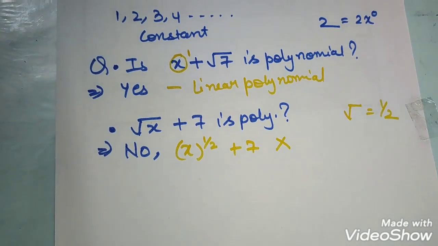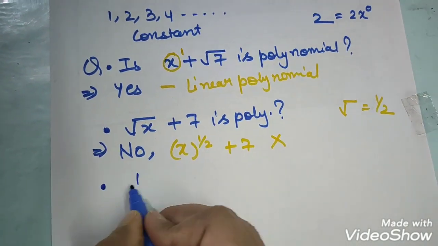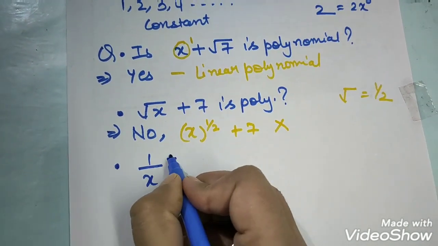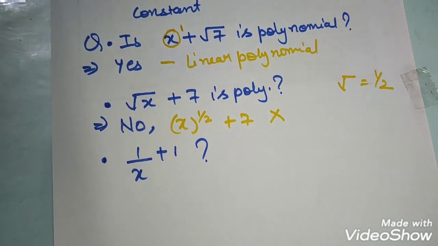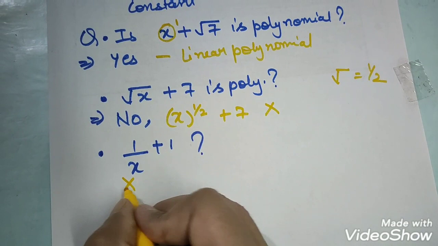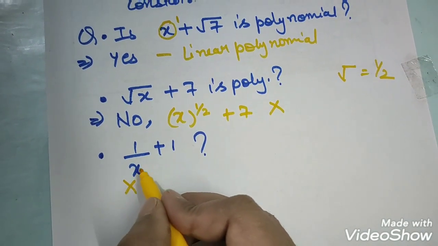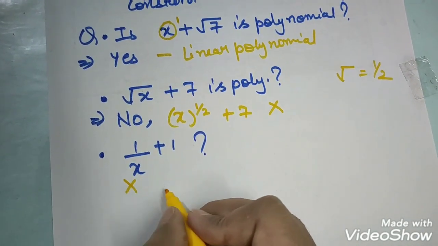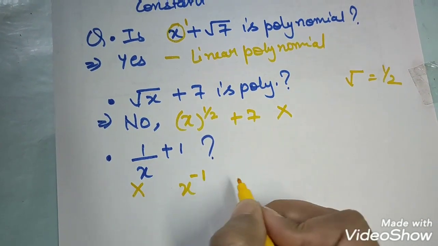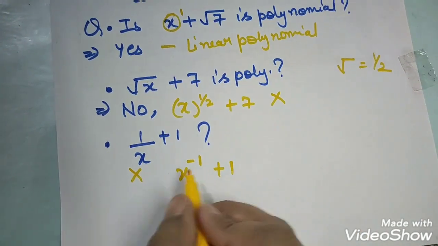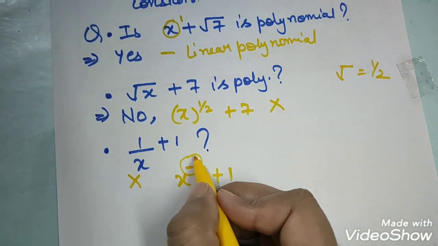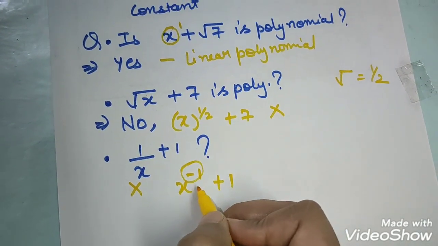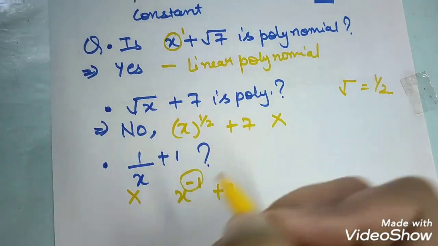If I ask whether 1 upon x plus 1 is a polynomial, again the answer is no. Why? Take the reciprocal, so it becomes x to the power minus 1 plus 1. Now the power is negative, and there should never be a negative power of any variable in a polynomial.